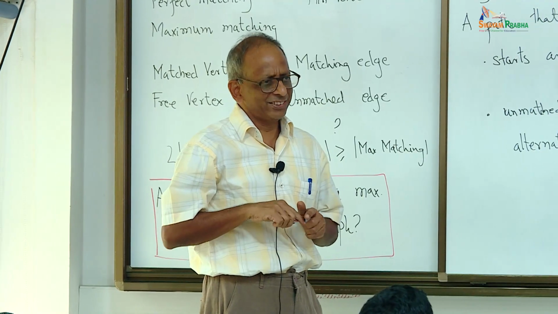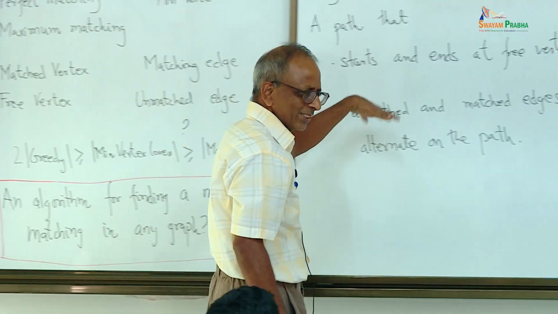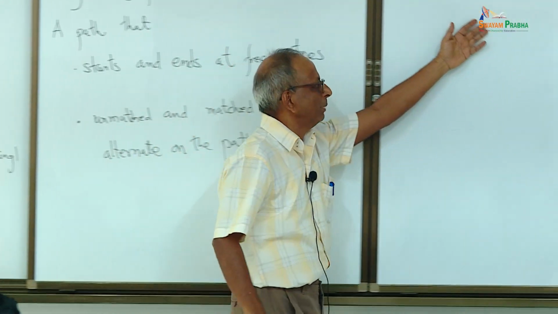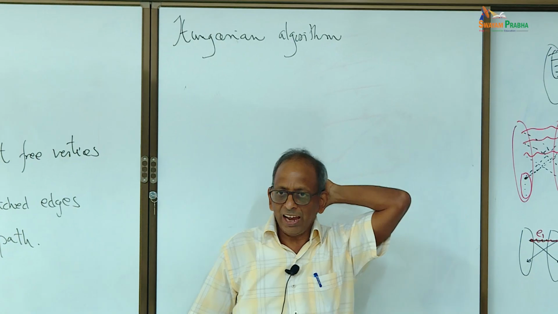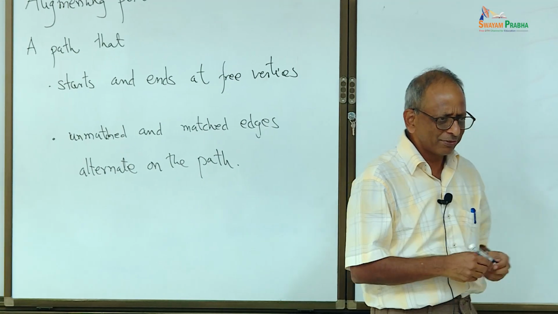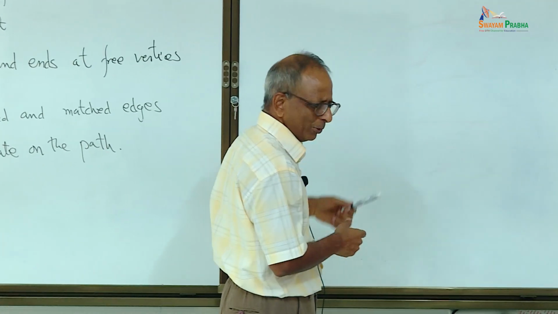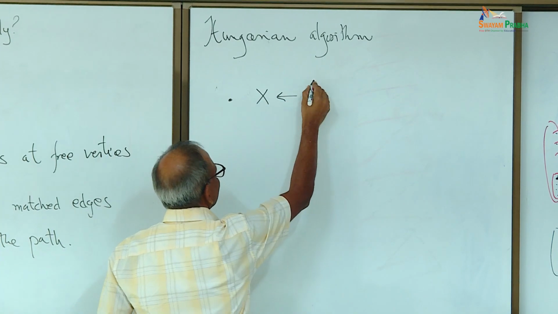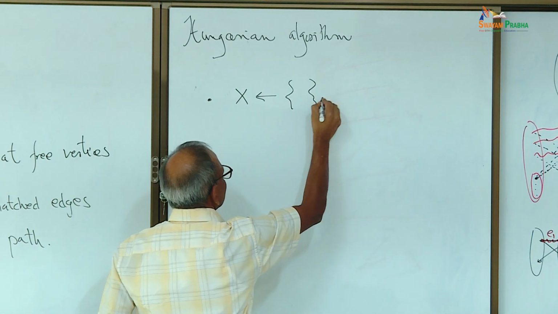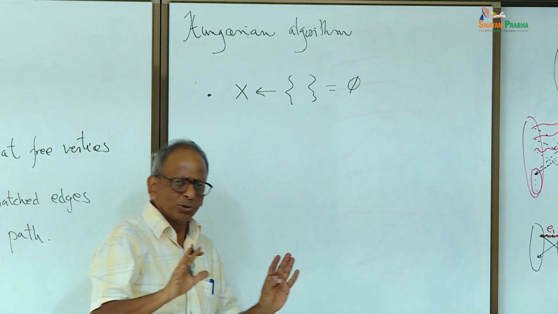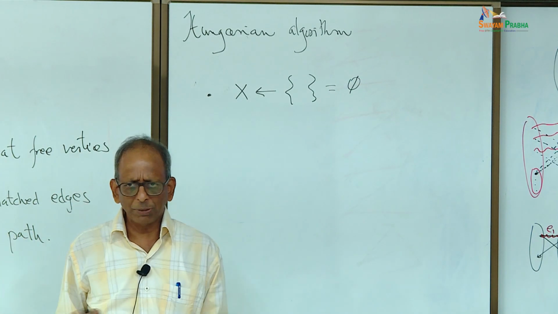In the 1930s, a lot of study of matchings in bipartite graphs was done by mathematicians in Hungary. And they came up with this algorithm. I would like you to tell me what the algorithm is. Initially, the matching is empty. So you start with no edges in your matching.